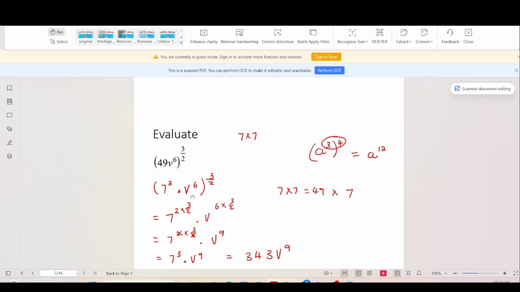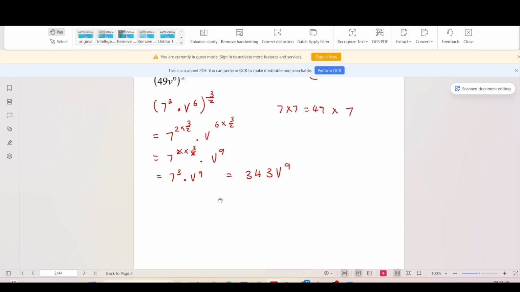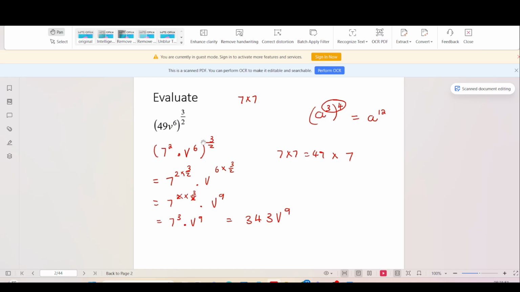So it'd be 343, and then the 7s cancel, and you just get 3, so you just get 1. So 243 v to the power 9.